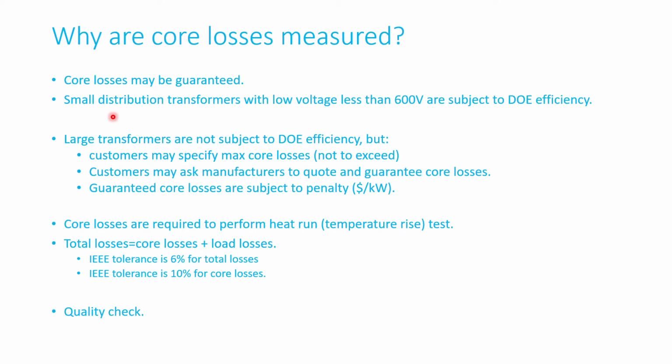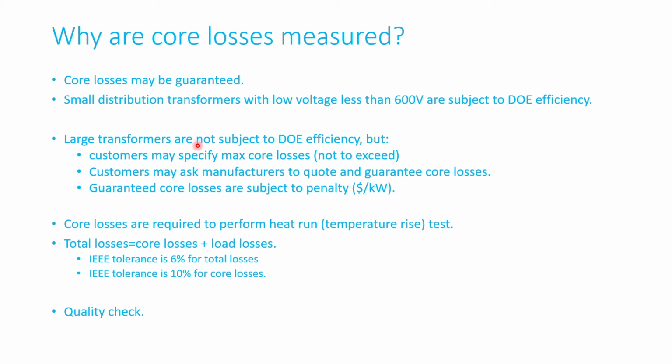And if the transformer does not meet that efficiency during the testing, the manufacturer will have to scrap that transformer and make a new one, because it's a must. It's not something they can negotiate.